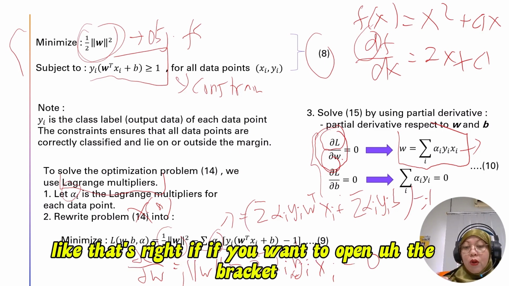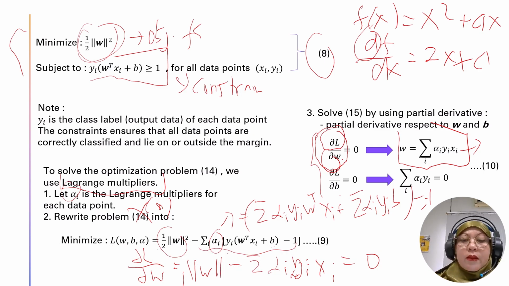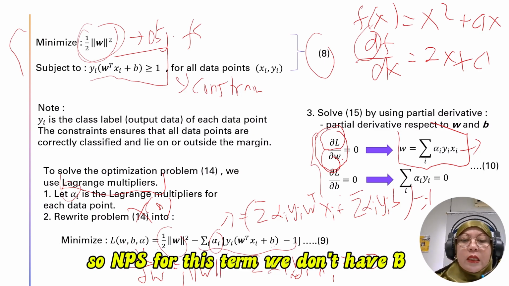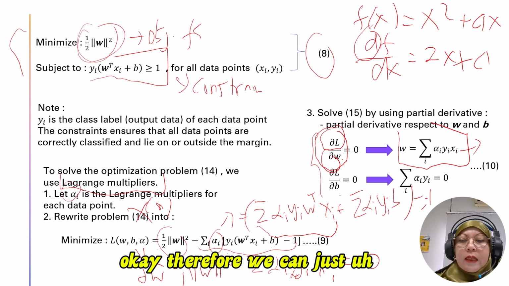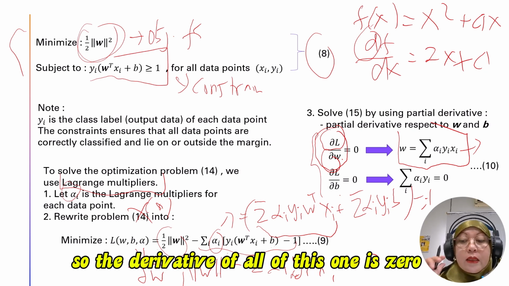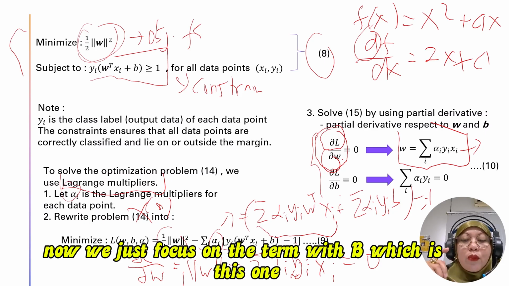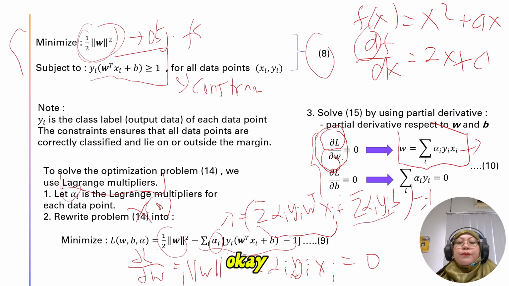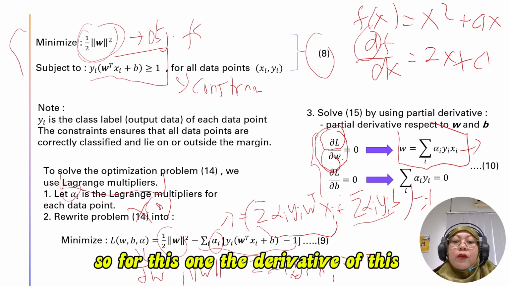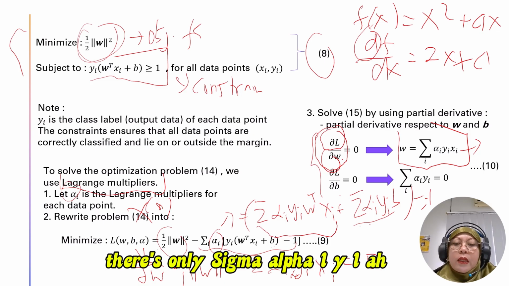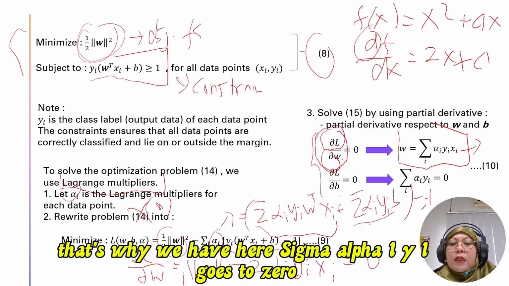For this term we don't have b, so the derivative of all of this is 0, because we assume all of them are constant. Now we just focus on the term with b. The derivative of this is only sigma alpha i yi. That's why we have here sigma alpha i yi equals 0.